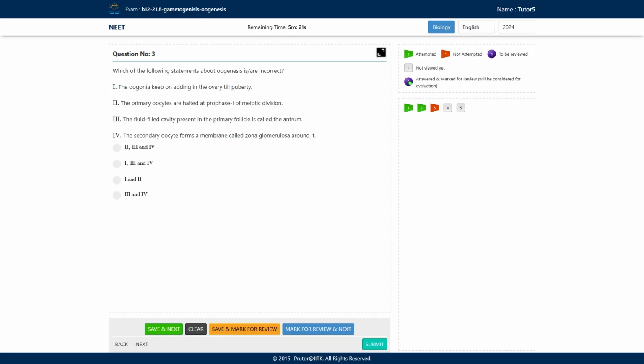Second, the primary oocytes are halted at prophase 1 of the meiosis division, means they are arrested in prophase 1 of meiosis 1. Third, the fluid-filled cavity present in the primary follicle is called antrum. Fourth option, the secondary oocyte forms a membrane called the zona glomerulosa around it. So what would be the correct answer here?